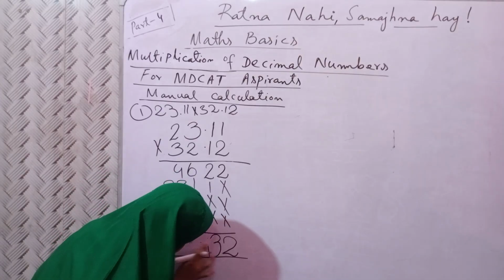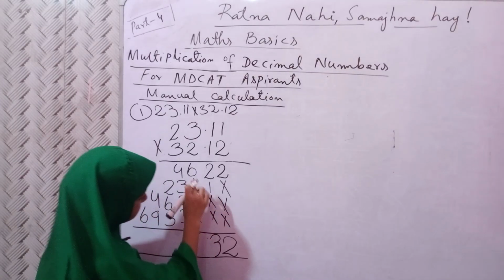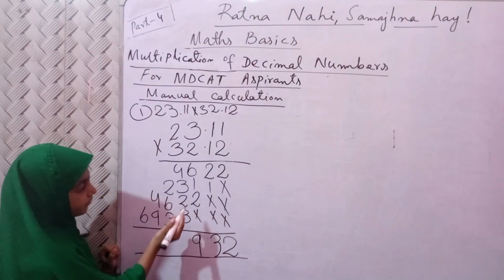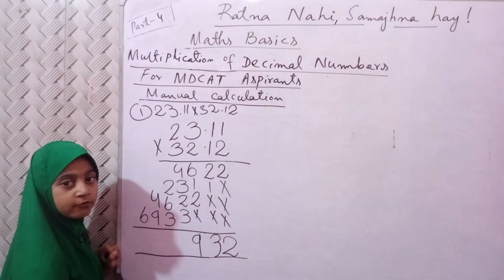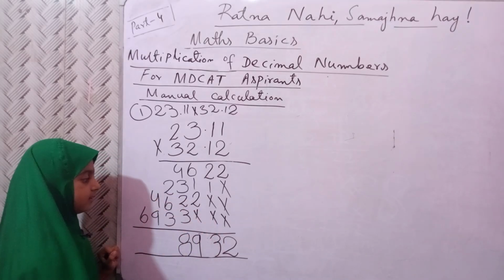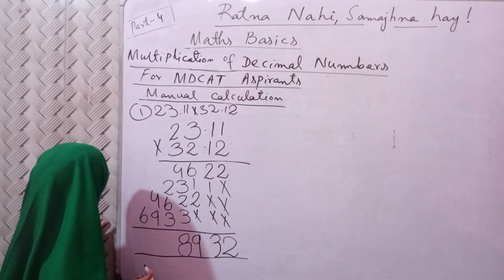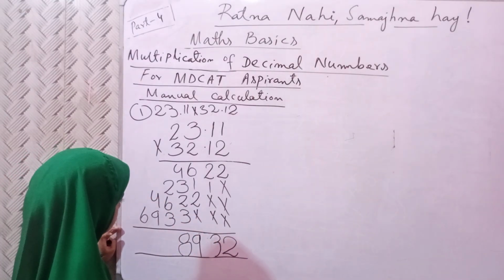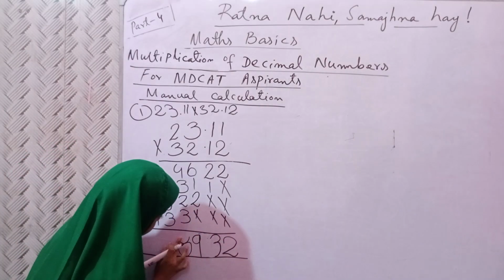Sorry, I did not write number below number. Now it is number below number. 3 plus 2, 5, 3, 8. Then 6 plus 2, 8. Sorry, 8 is not here.